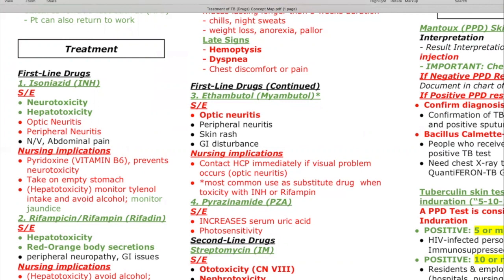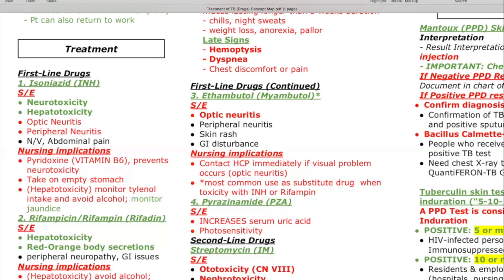That addresses the optic neuritis side effect of ethambutol. Ethambutol is actually the most common substitute drug when there is toxicity in INH or rifampin. So just keep that in mind.